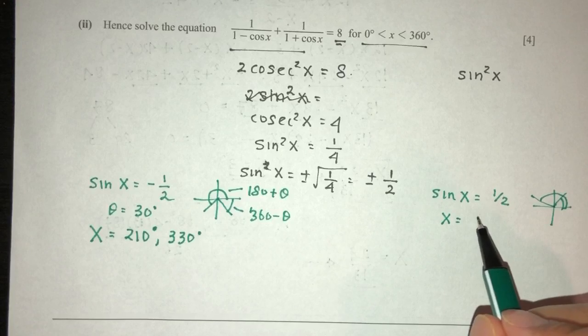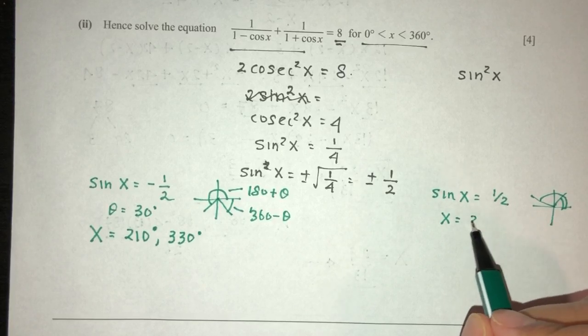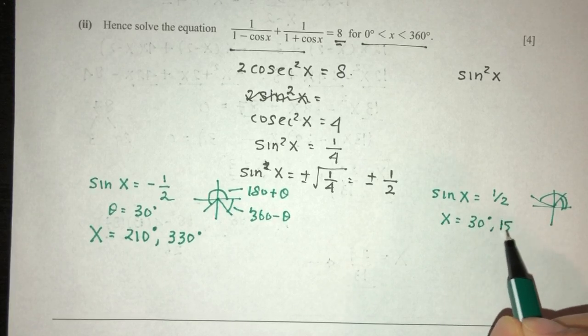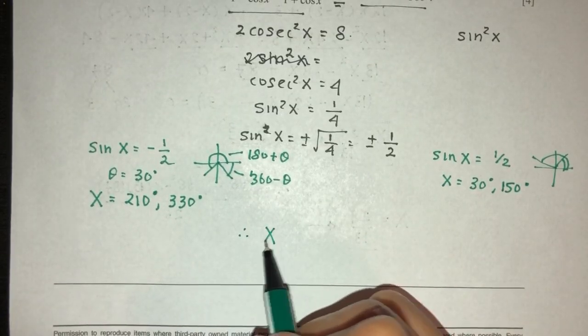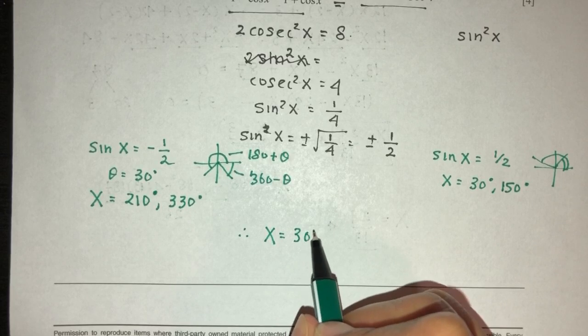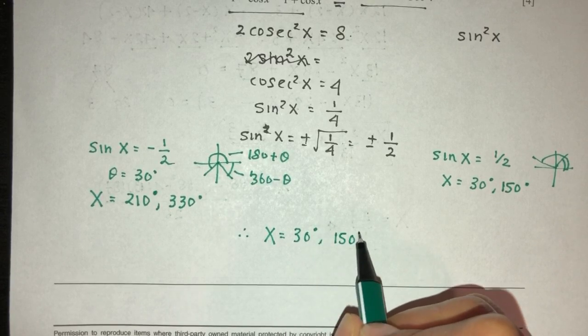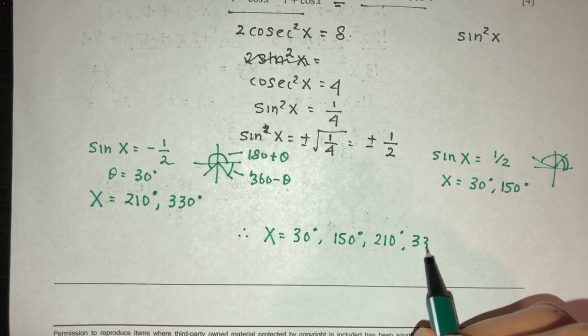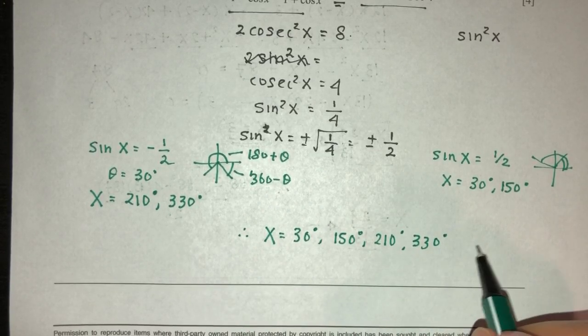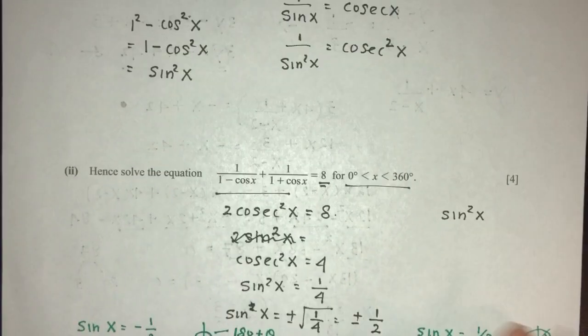So directly, that will be 30 and 150. So the values of x are 30, 150, 210, and 330. That will be the values of x for this domain.